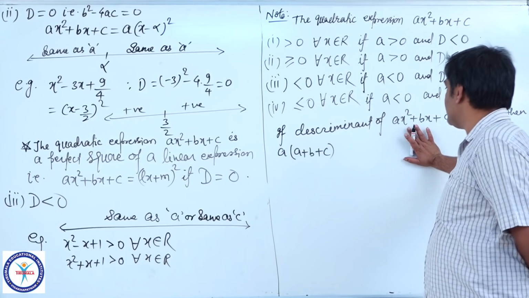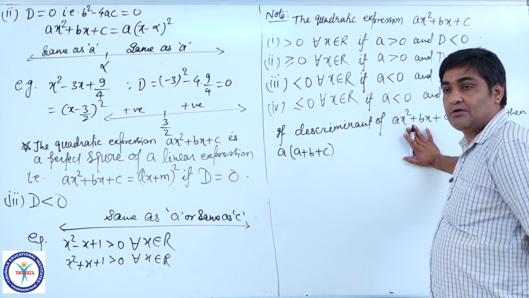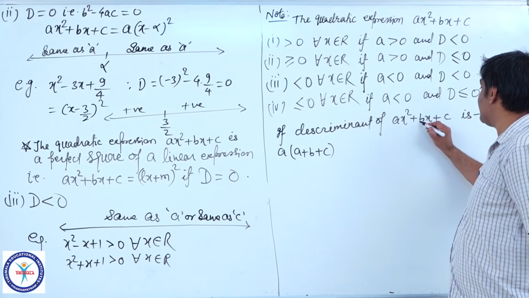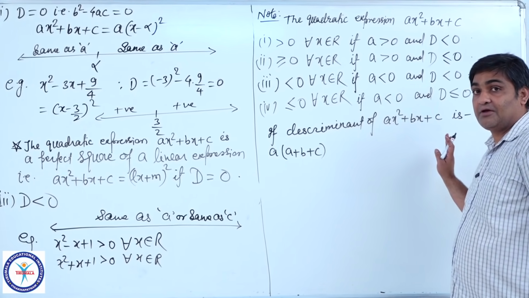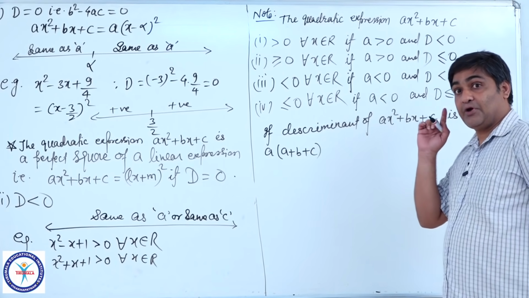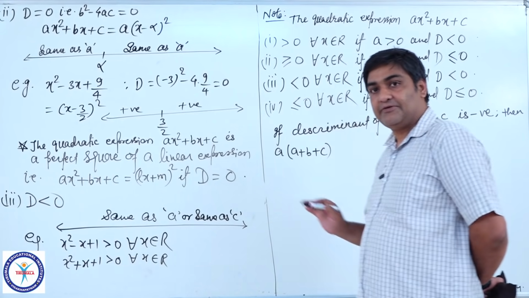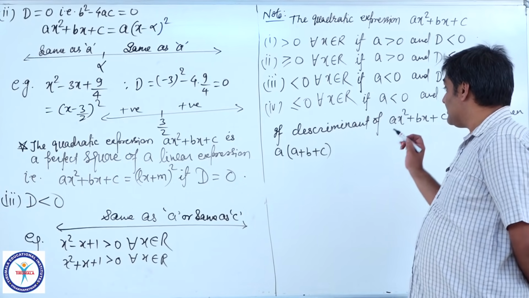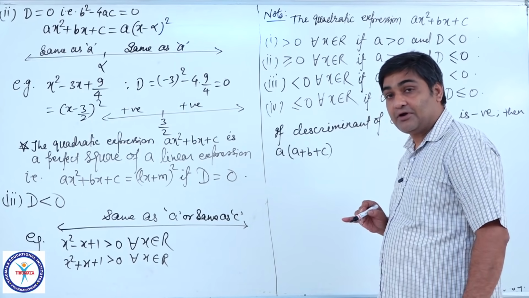So if we put x equal to 1, what will this expression be equal to? a plus b plus c. Discriminant is negative, so for x equal to 1 also, the sign will be the same as a. So a into (a plus b plus c) is greater than 0.